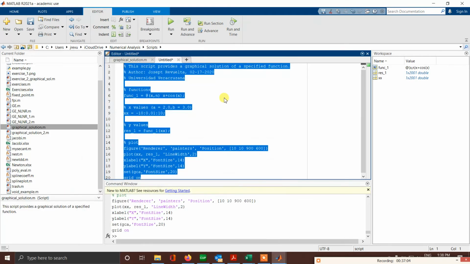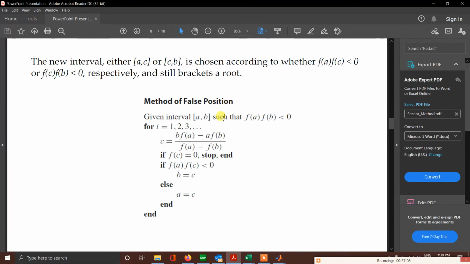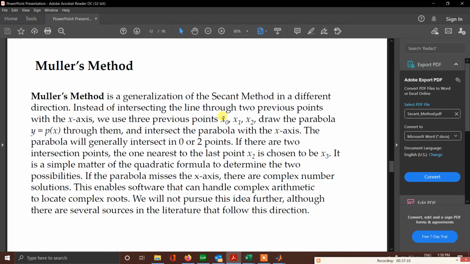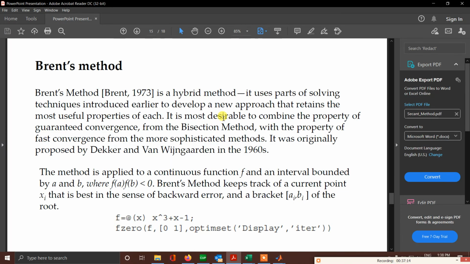In general, he used the bisection method, the Newton's method. He used also the IQI. So he uses many of those methods to obtain the best and the fastest way to obtain the solution.